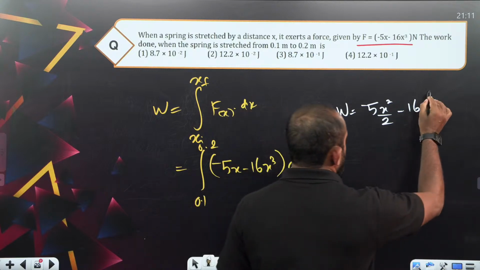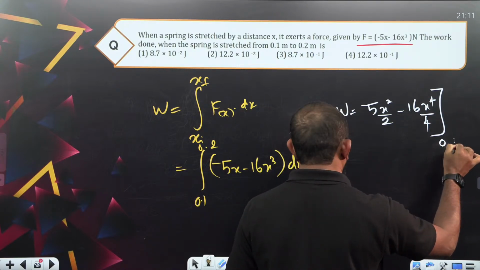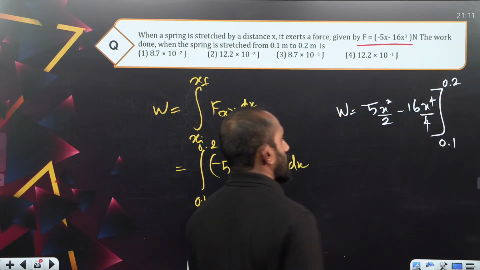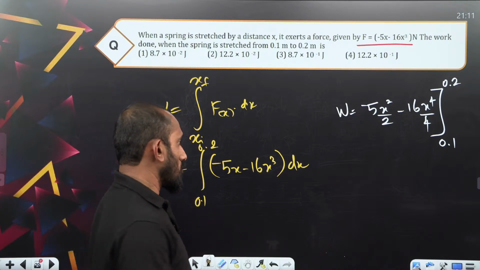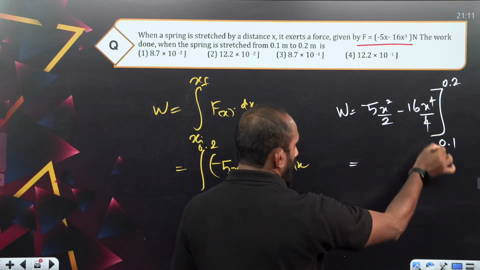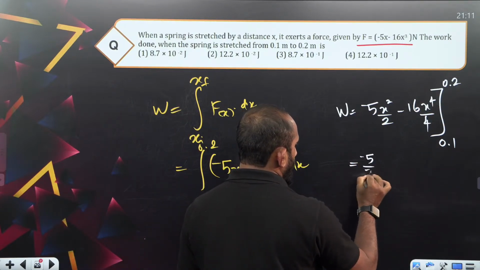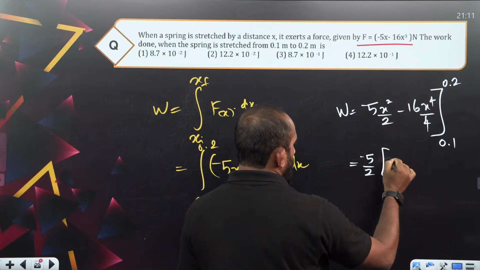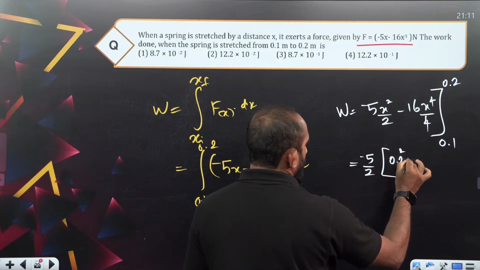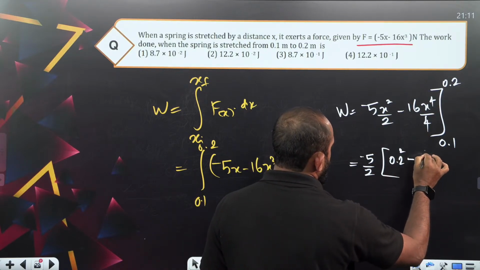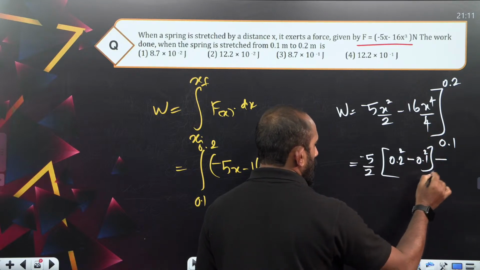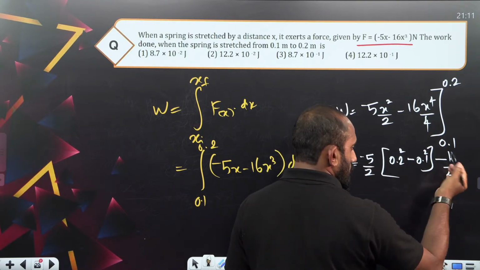Then you have to apply the limit from 0.1 to 0.2. That's it. So this will be equal to, if you apply the upper limit and lower limit, minus 5 by 2 into x square, that is 0.2 square minus 0.1 square, minus 16 by 4, that is 4 only.